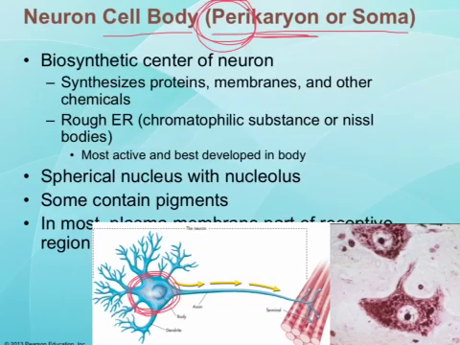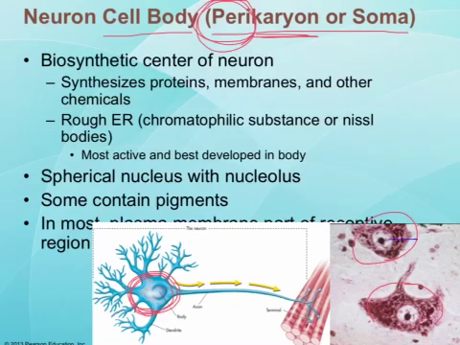In the picture here, this is a real picture, which is more dense, and you just see the cell body, only the cell body. You don't really see those processes. The nucleus is in the center here.